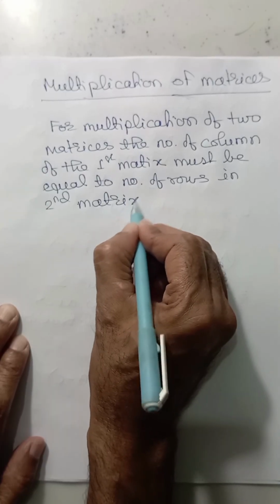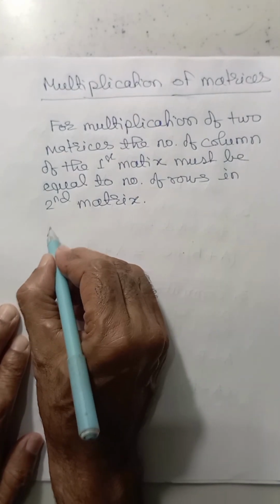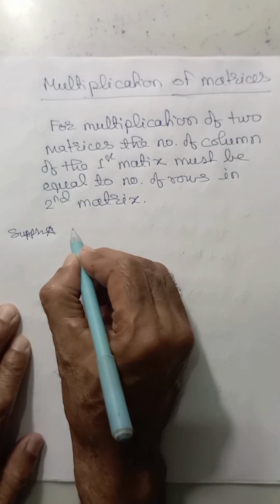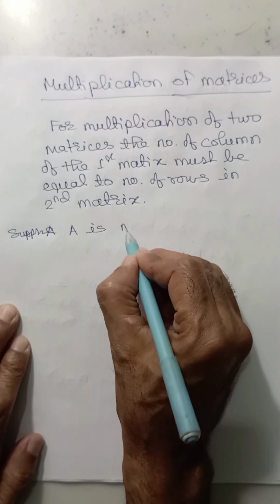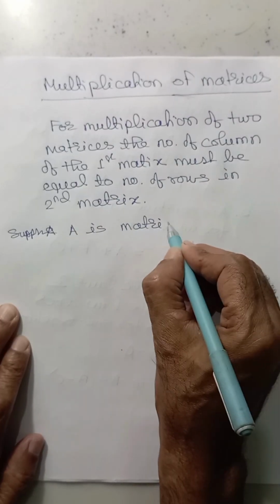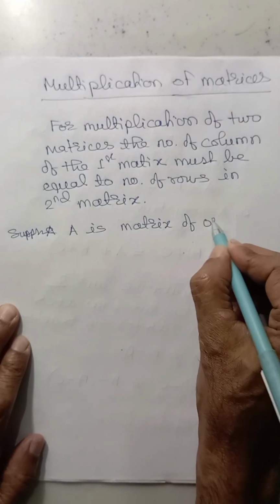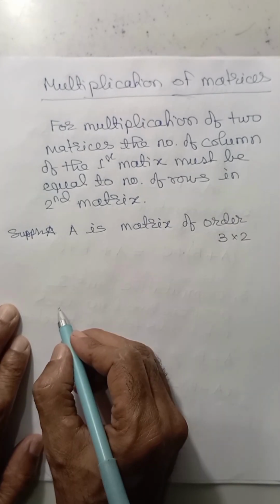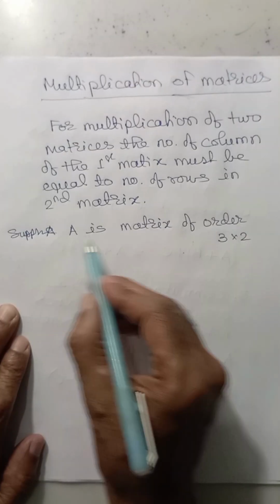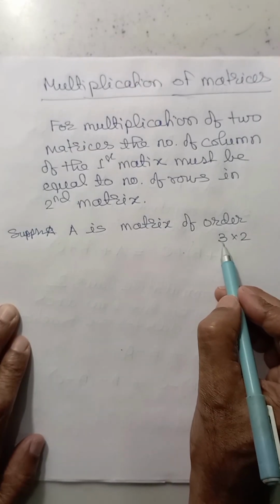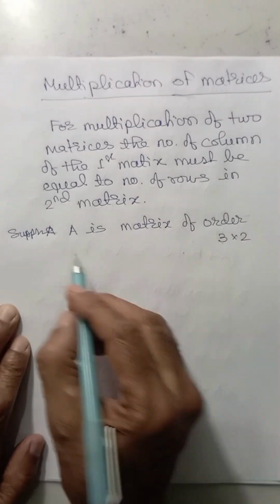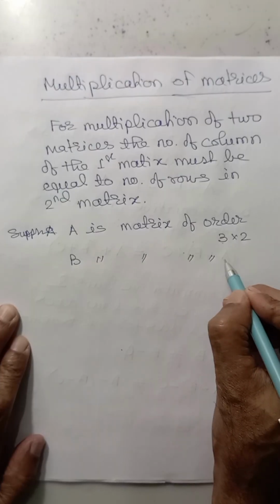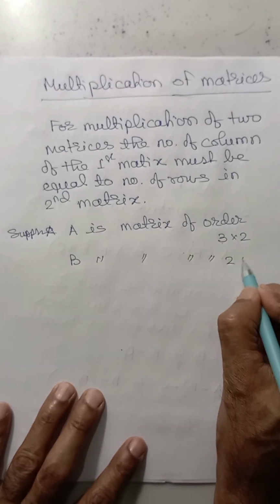Let us see by example. Suppose A is a matrix of order 3 into 2. 3 into 2 means the matrix A has 3 rows and 2 columns. And suppose B is a matrix of order 2 into 4.